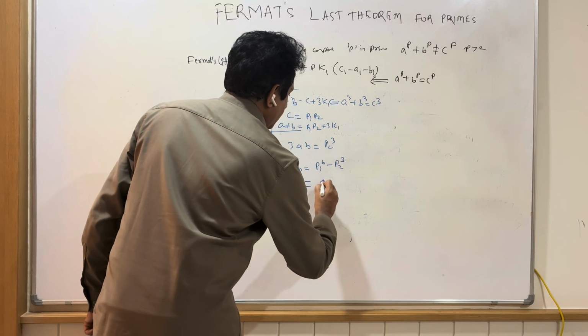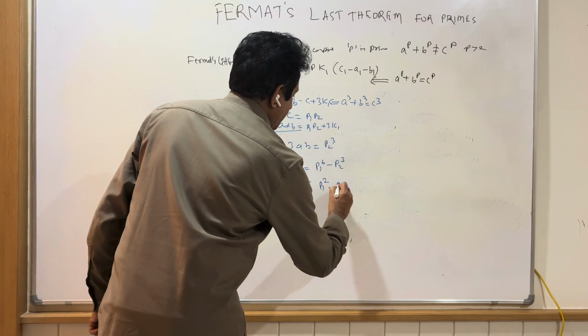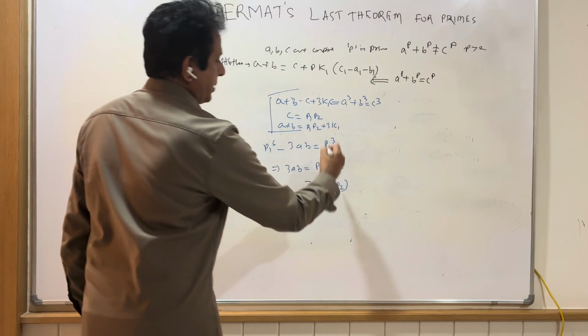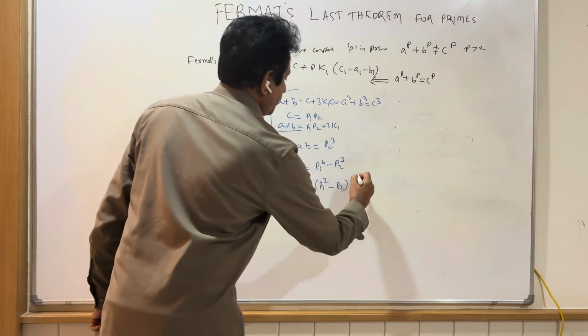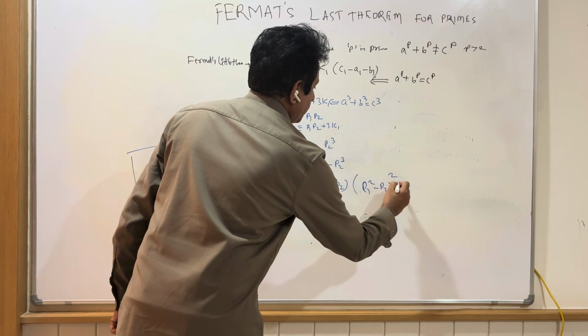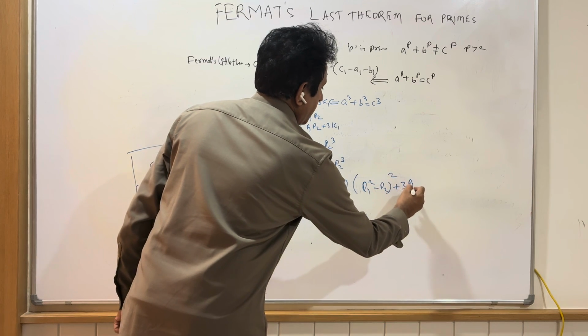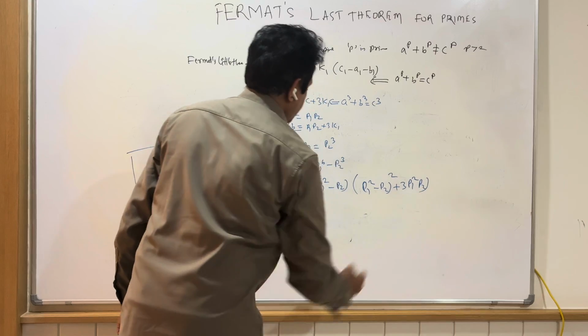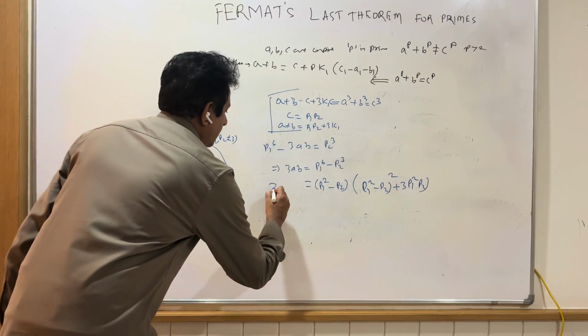What this means is that it should be like p1 square minus p2. This is like a cube minus b cube once again. So p1 square minus p2, we can write this as (p1 square minus p2) whole square plus 3 p1 square p2.